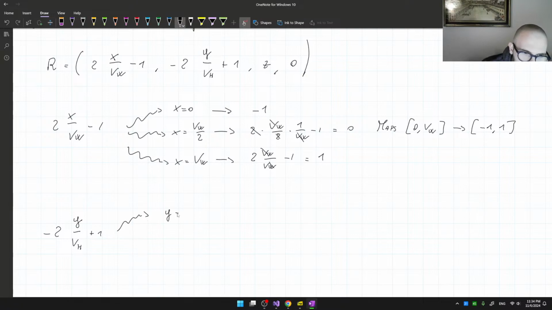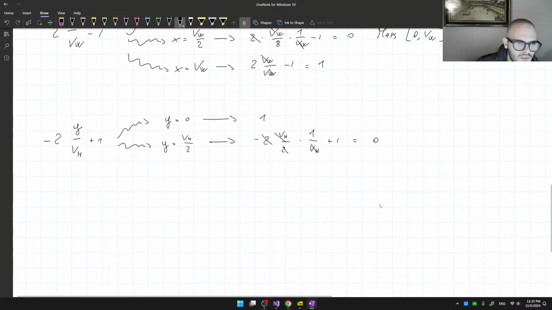When y is 0, this is 1. When y is the view height divided by 2, this is -2 view height divided by 2 times 1 over the view height plus 1, which is -1 plus 1 is 0.